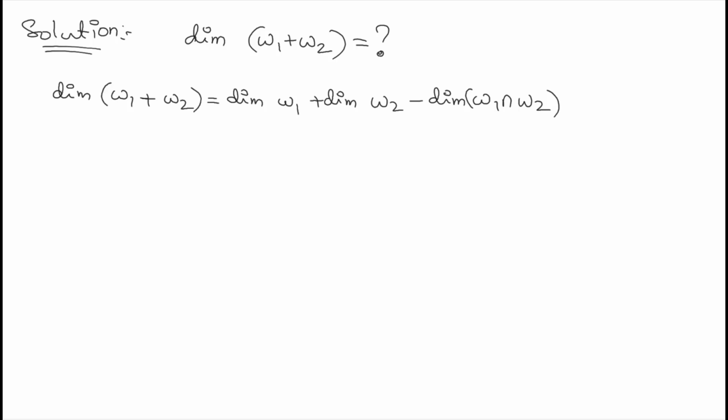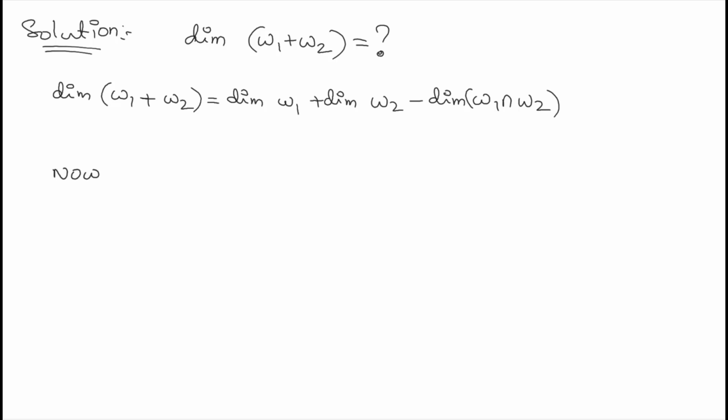Since W1 is given, we can calculate the dimension of W1, and similarly the dimension of W2. But to calculate the dimension of W1 intersection W2, we would have to do some calculations that we will see now.